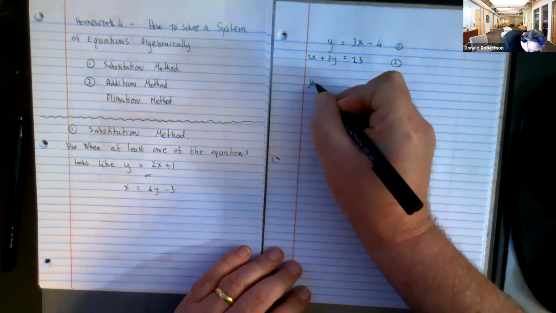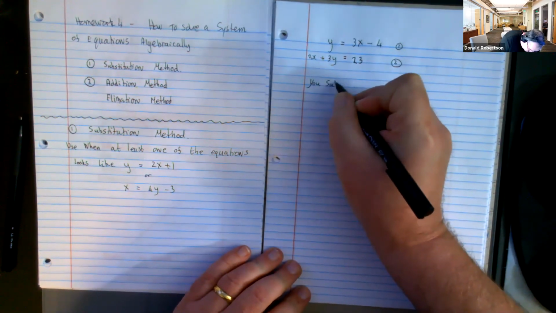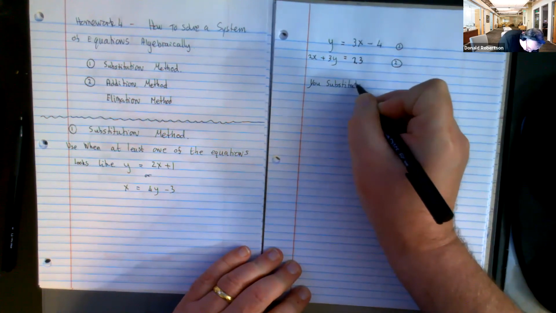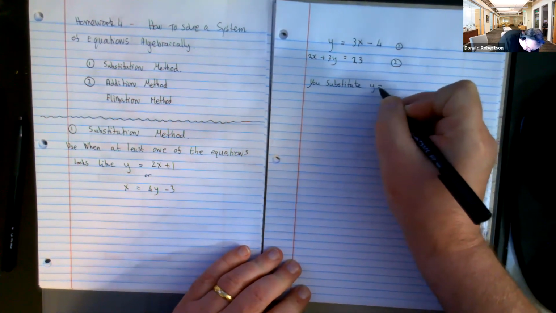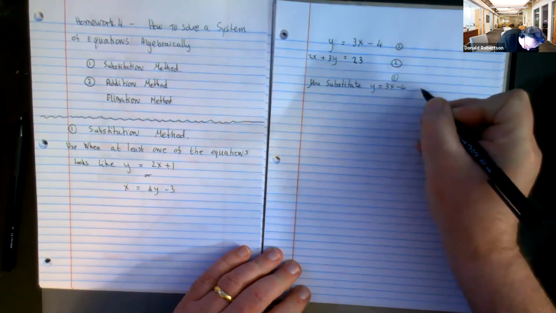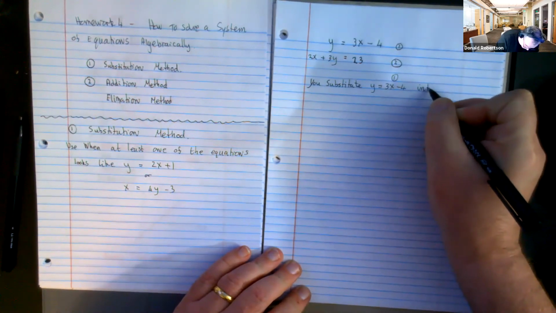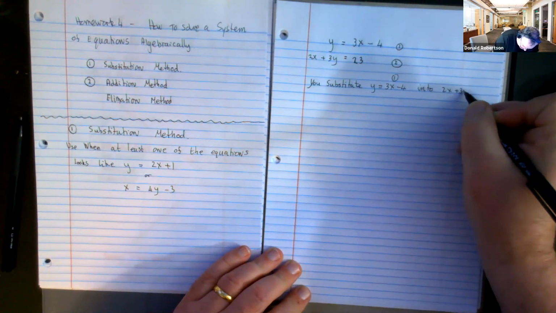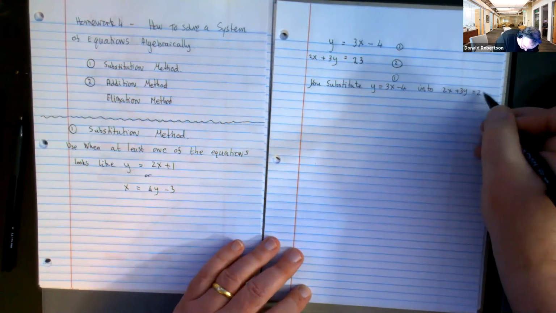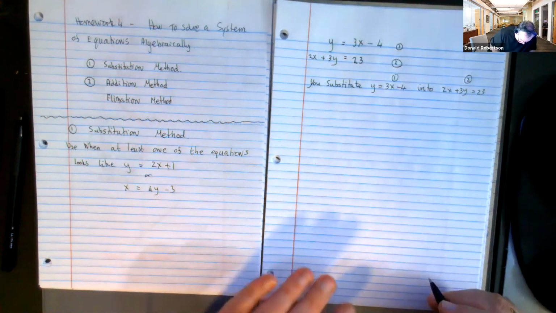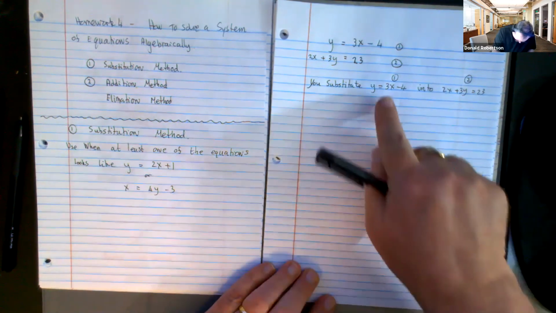You substitute. y equals 3x minus 4, that's equation 1, and you substitute it into 2x plus 3y equals 23. You might think, well, how do you substitute this into that?